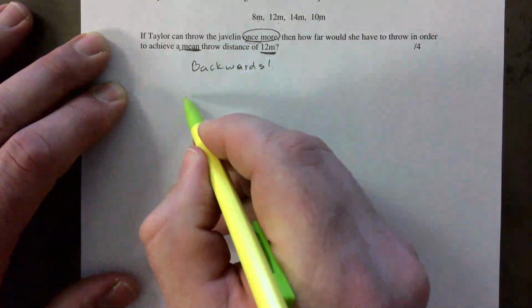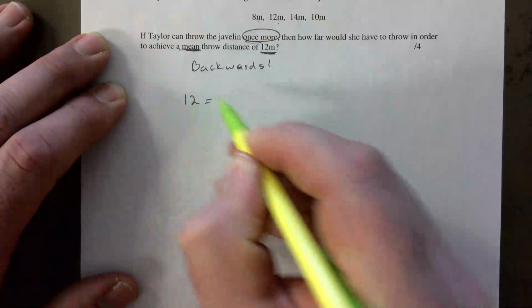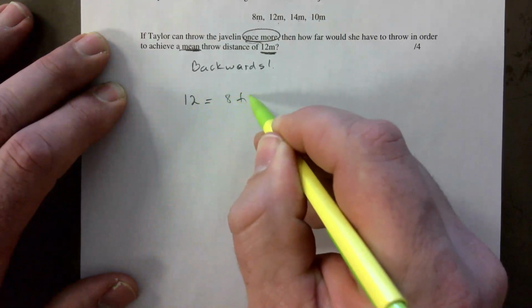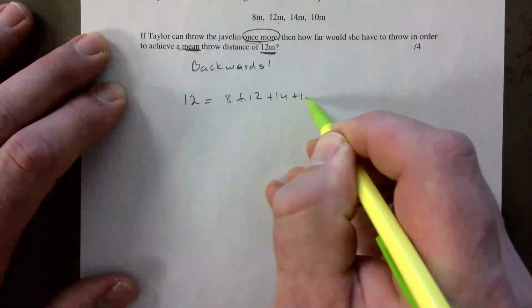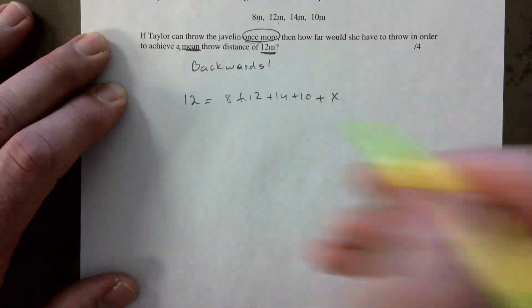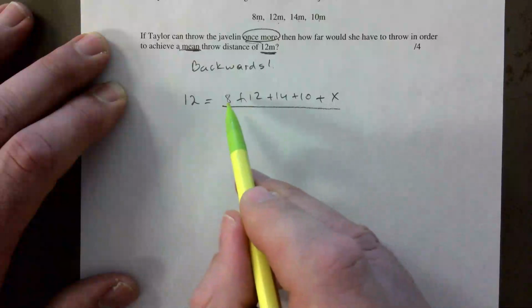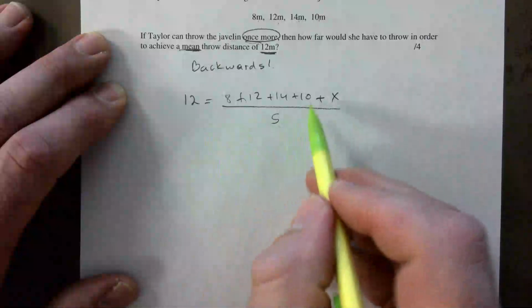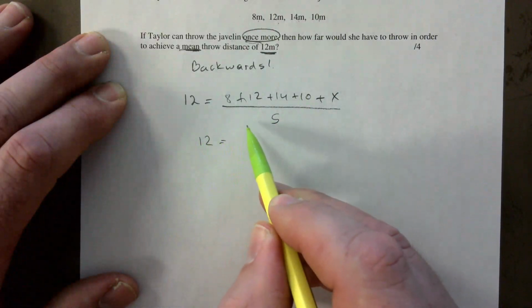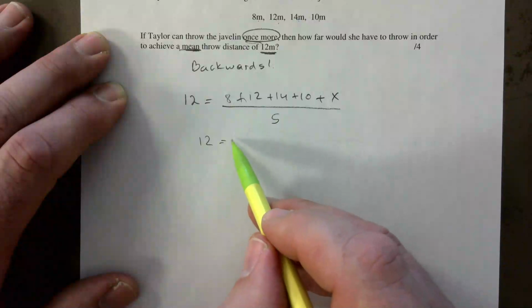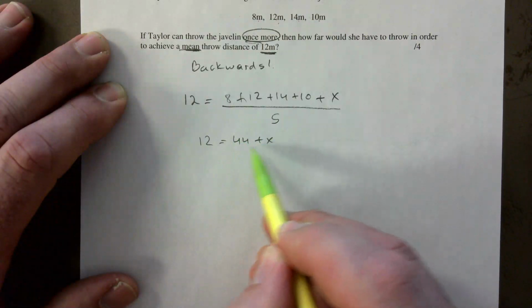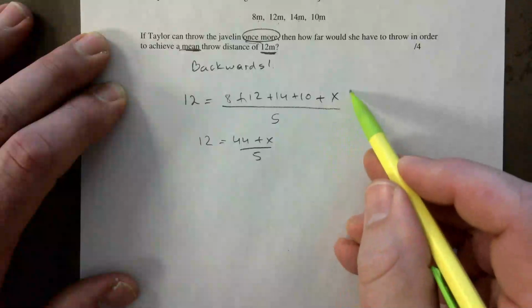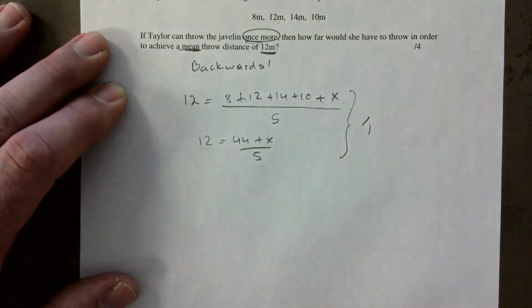So 12 is what we want, and then we go 8 plus 12 plus 14 plus 10 plus the next throw. That tells you we have 5. I would already give you a mark there, but if I see this part, which most students just get straight to, you get a mark for any of those 2 lines.